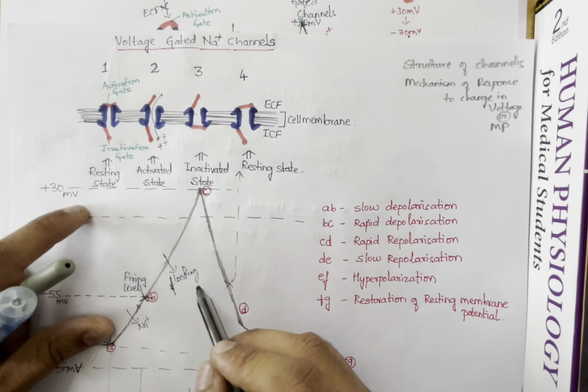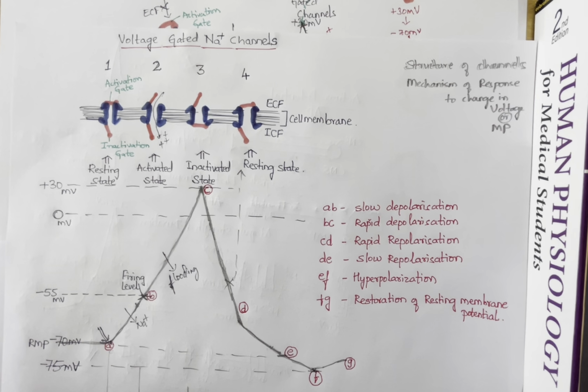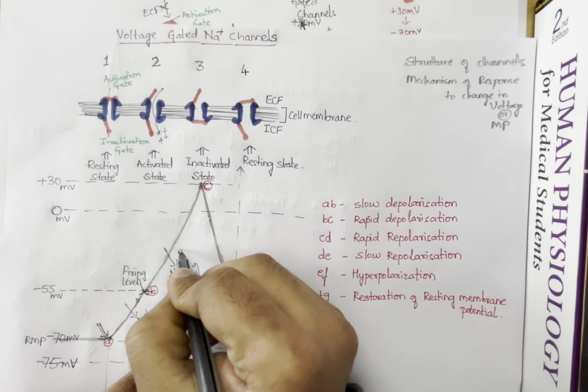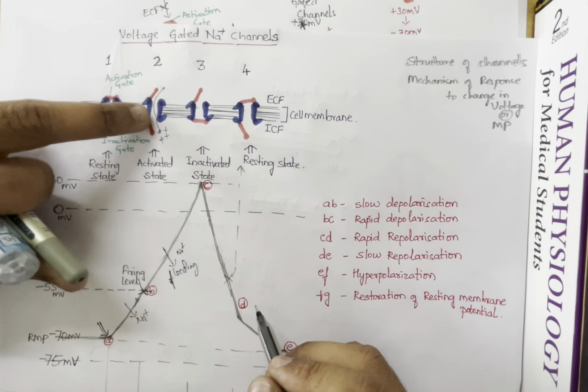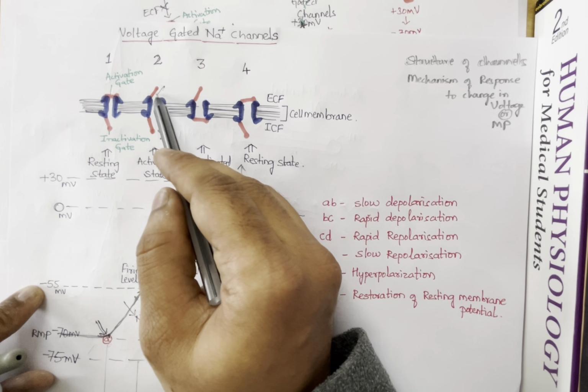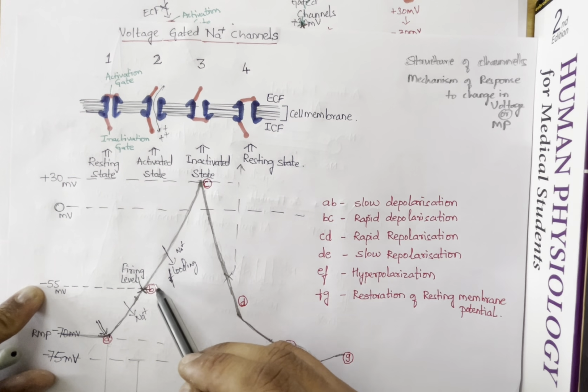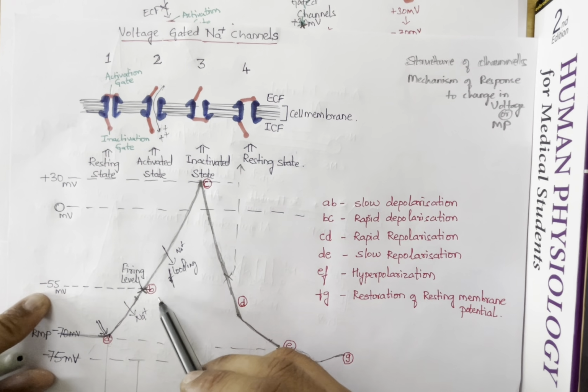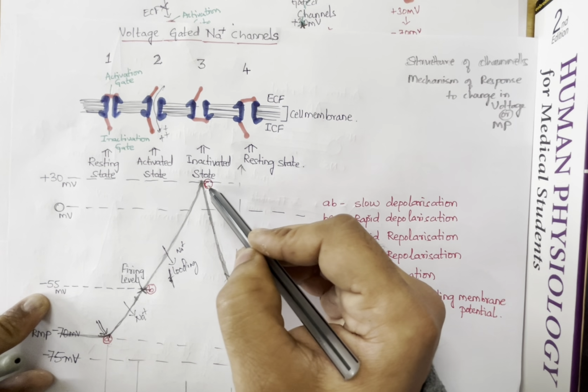Rapid influx of a huge amount of positive charge happens because of activation of voltage gated sodium ion channels, as the activation gate is opened. That takes the membrane potential from the firing level of minus 55 to plus 30 millivolt.